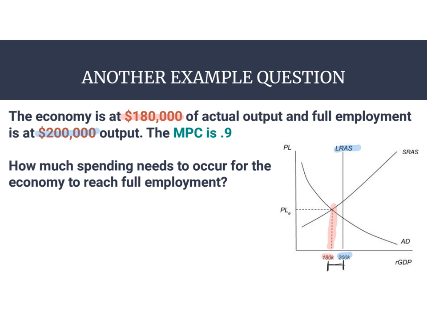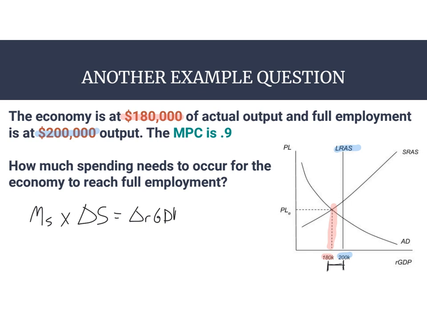And so we can put the formula in here and just plug in the numbers that we need to plug in. Now it says how much spending, so we're just going to say any kind of spending. So the formula here is going to be the spending multiplier times the change in spending, equals the change in real GDP.